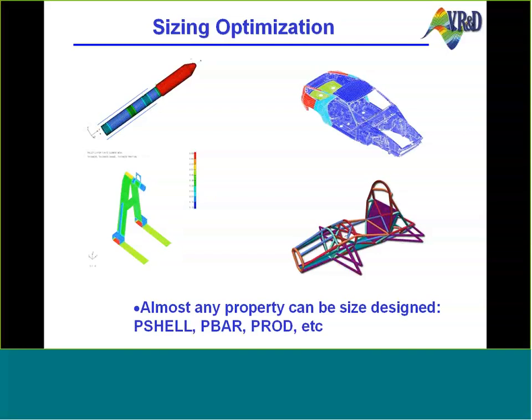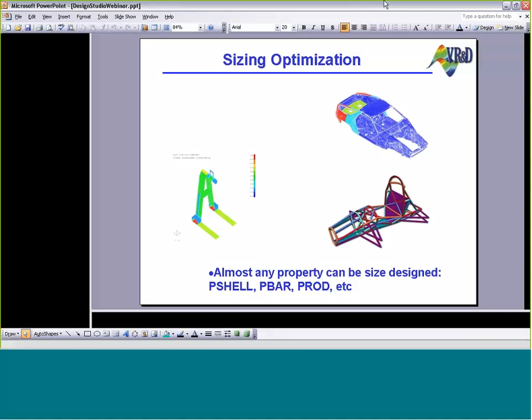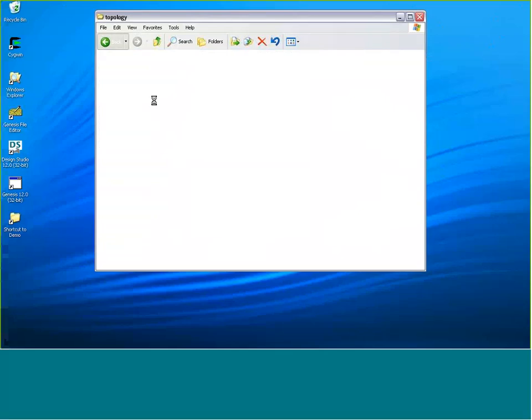These types of elements have real numbers on their properties that define the missing dimensions. For example, shell elements have a thickness value, or the bar elements have dimensions to define the cross-section. And those values can be designed by optimization. So now I'll go back to Design Studio and look at a sizing optimization problem.